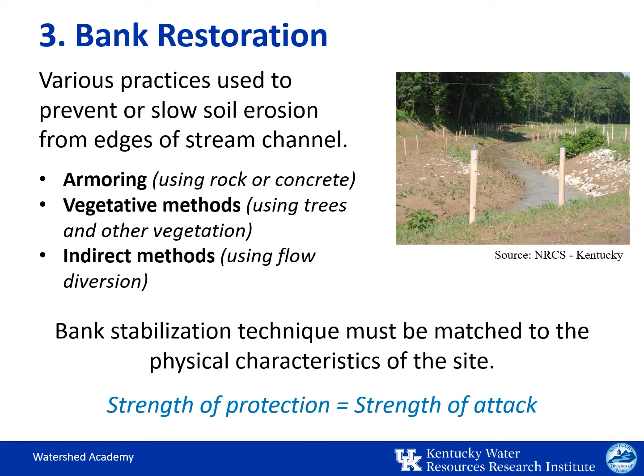This can be done through armoring, using rock or concrete, using vegetative methods, trees or logs, or indirect methods, taking the flow and moving away from a bank. But all of these are designed to put protection there such that the force of the waters that are hitting that bank are matched by some type of protection that's equal to that force, and therefore it's protected.